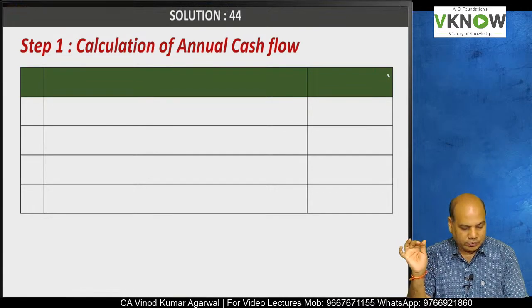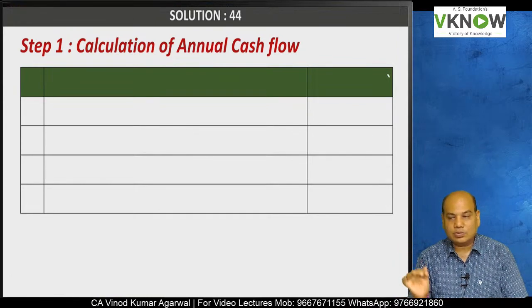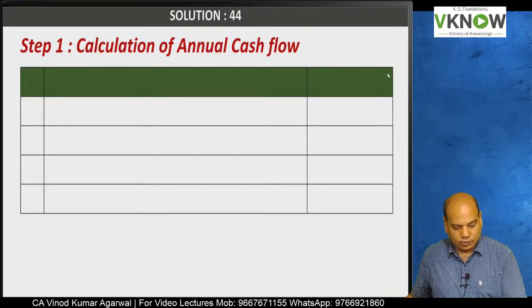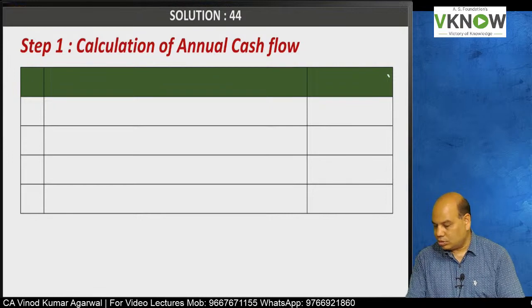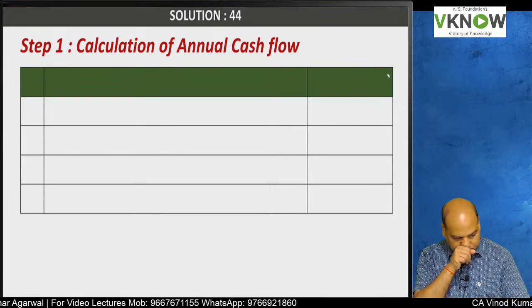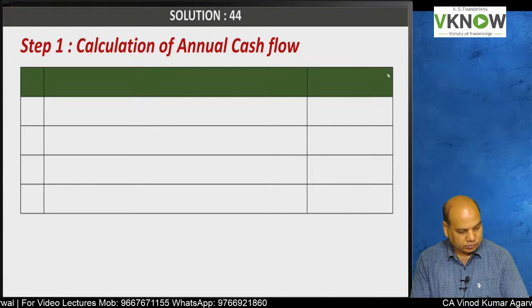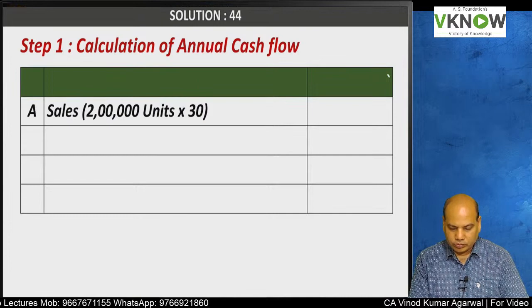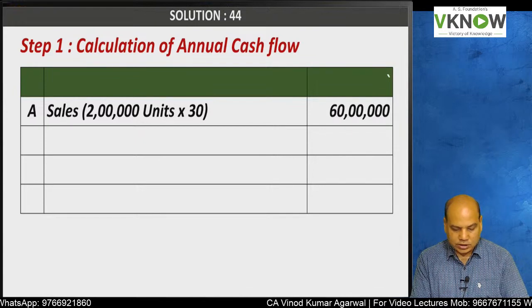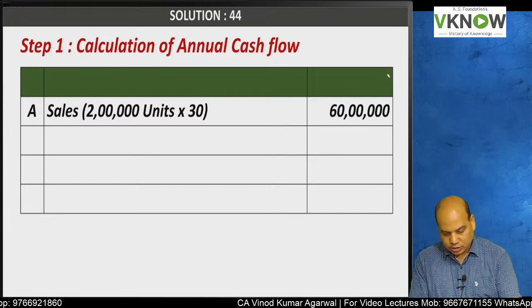So step 1, write down a little fast. Step 1, calculation of annual cash inflow. Under that write down sales, 60 lakh.